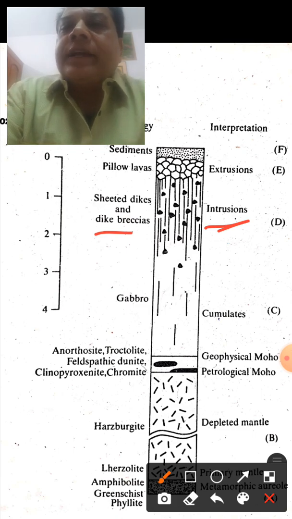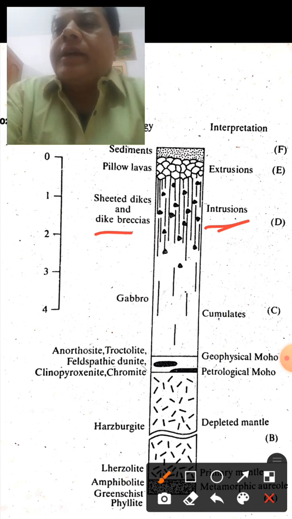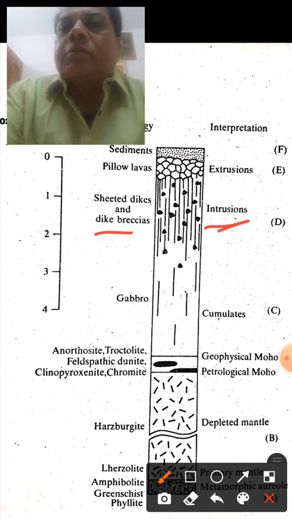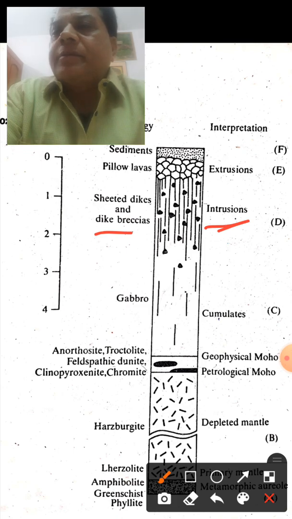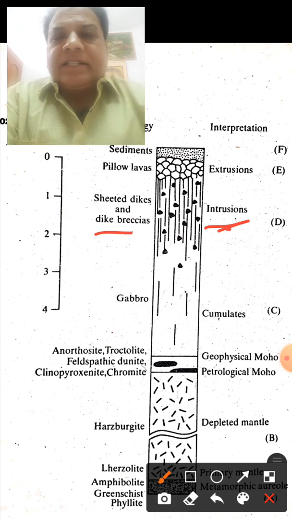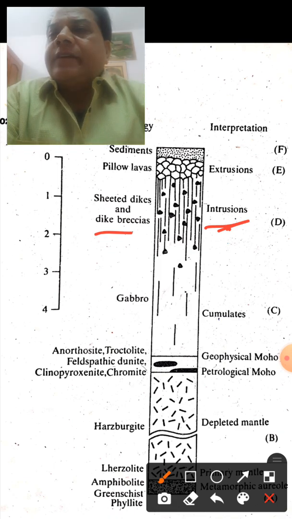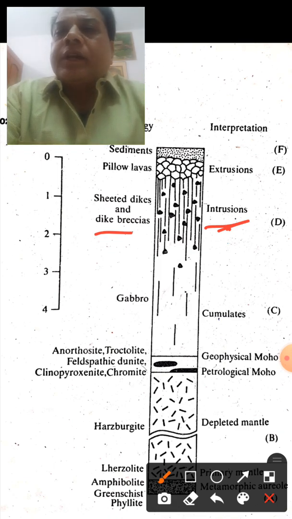As you approach the contact, the number of dikes increases upward until the point is reached where the total mass consists of dikes. Minerals present in these intrusions are plagioclase, clinopyroxenes, and magnetite, and the texture is fine grained, diabasic, porphyritic.